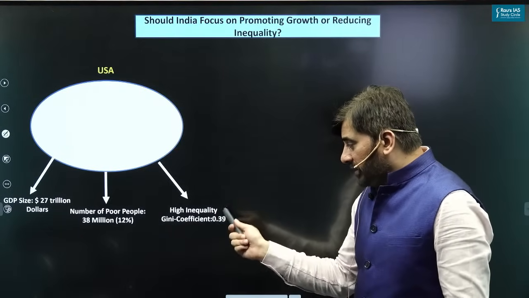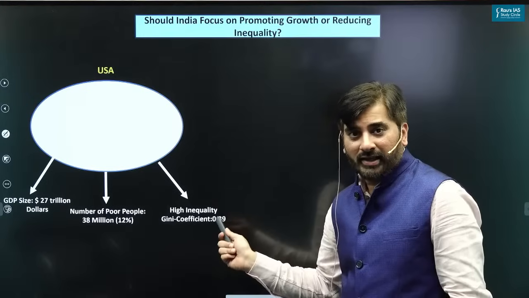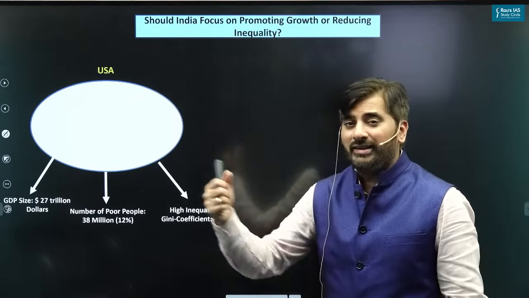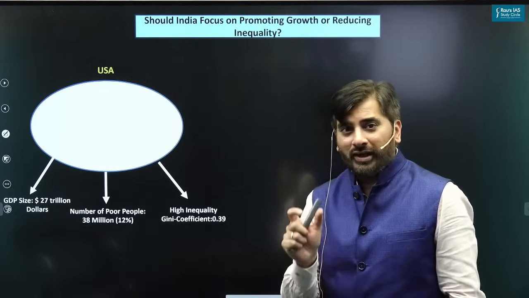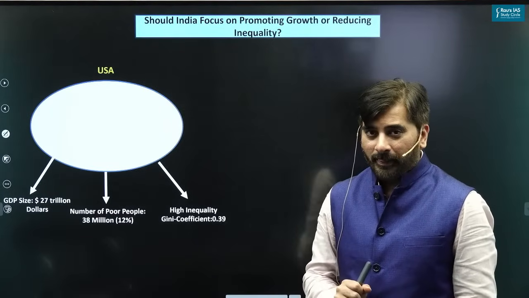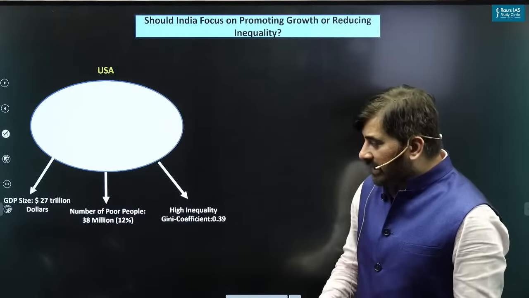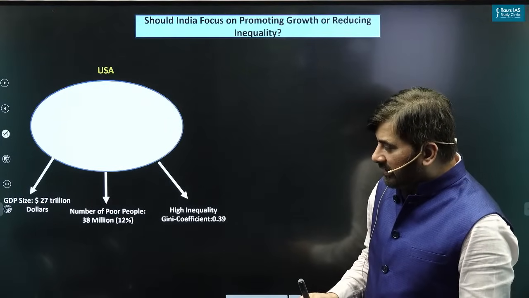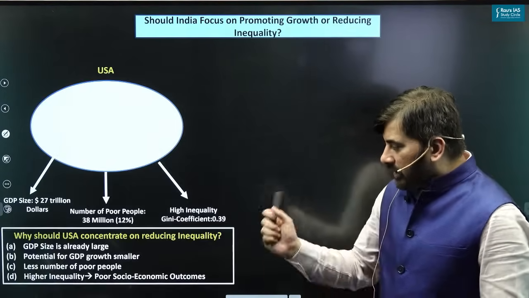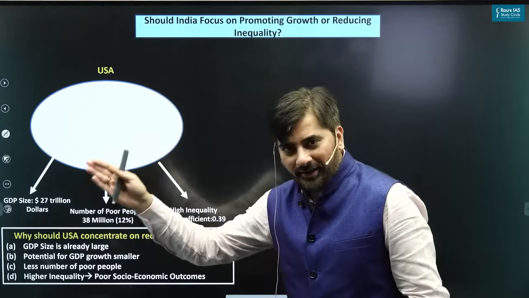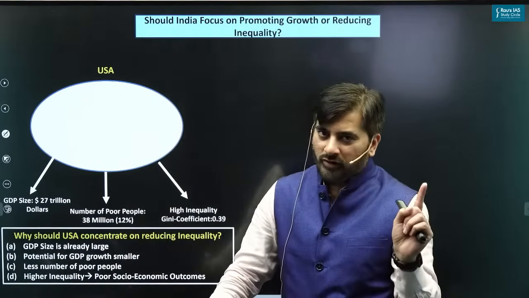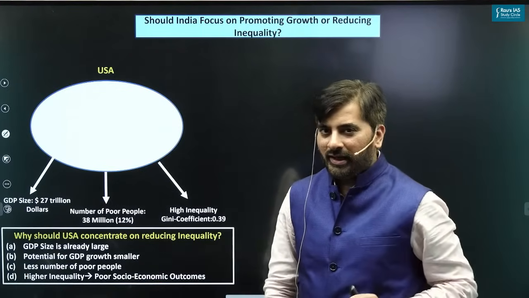The Gini coefficient is around 0.39, a high level of income inequality. So think, what should the US focus upon? It is being said that the US should focus not on increasing its GDP size. The US should focus more upon reducing income inequality.